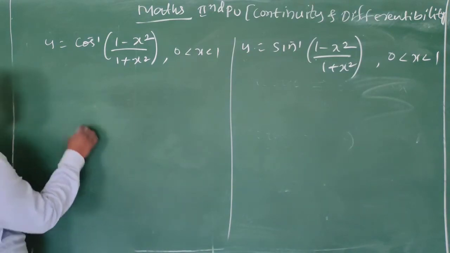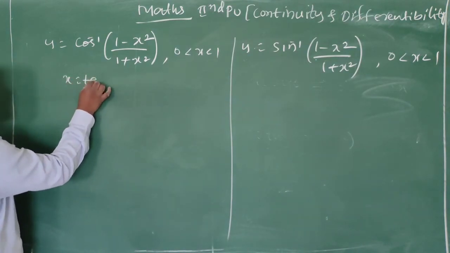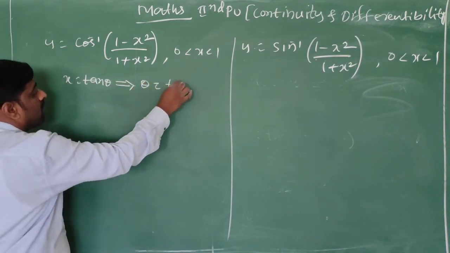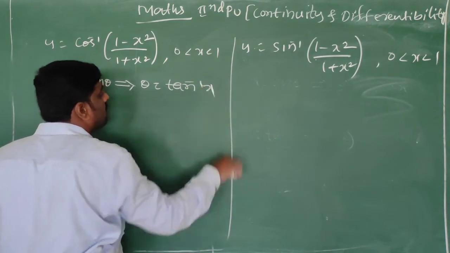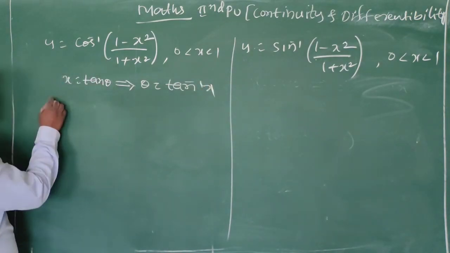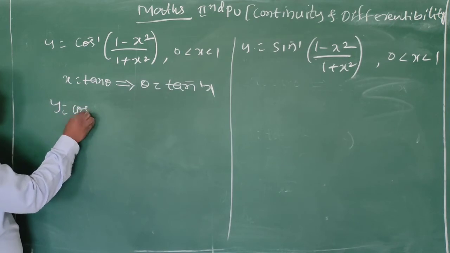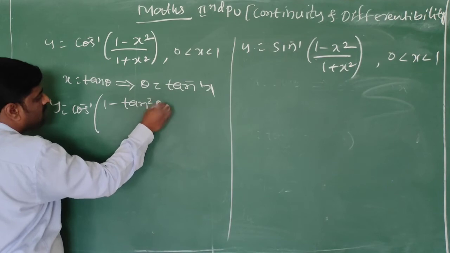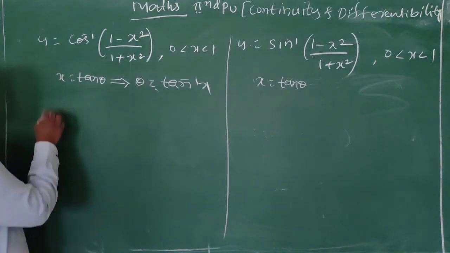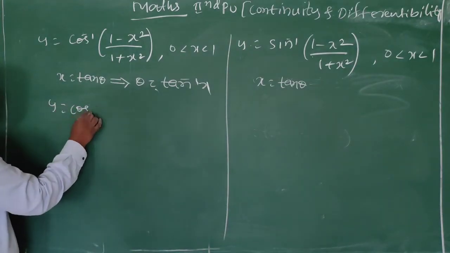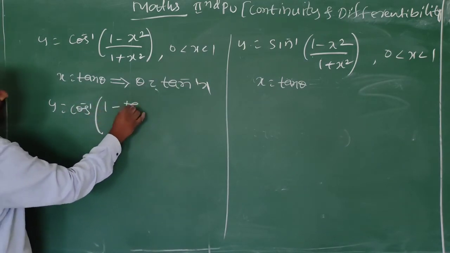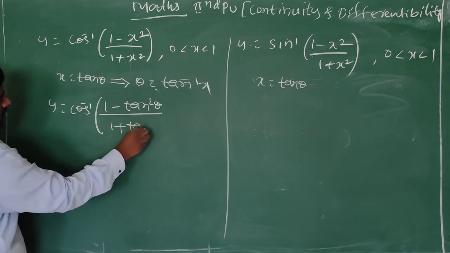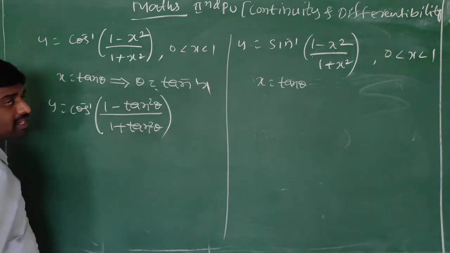Similarly, children, put x is equal to tan theta. Theta is equal to tan inverse x. Y is equal to cos inverse of 1 minus tan square theta divided by 1 plus tan square theta.